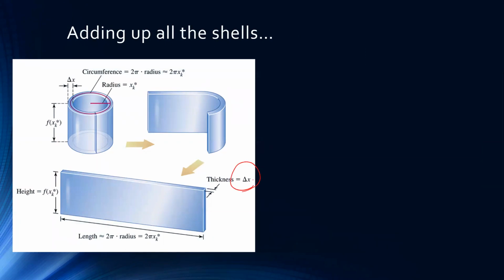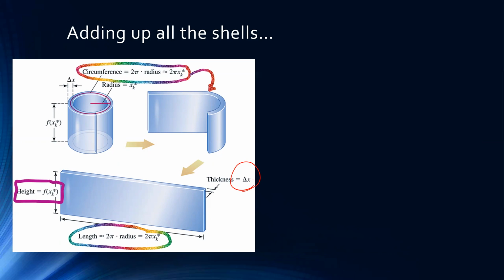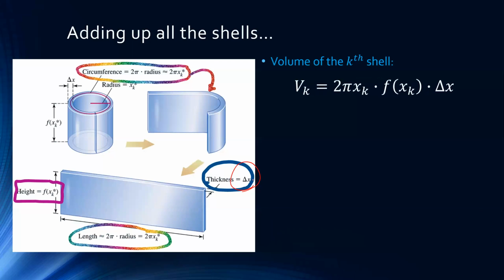And then the circumference of the circle is the length of that rectangular solid. And then again, the height would be your f of x value. So now that it's just a rectangular solid, we can find a volume: length times height times how thick. So the volume would be the length 2 pi x times the height f of x times how thick, delta x.